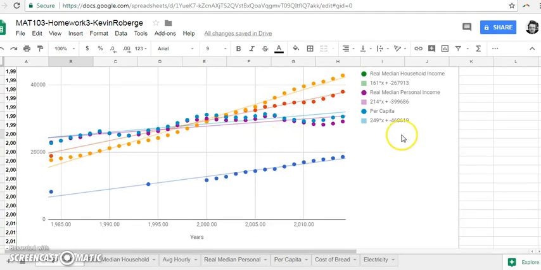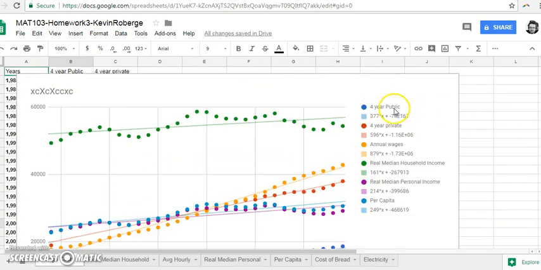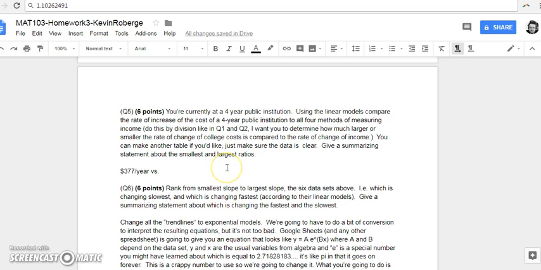What do those look like? Well, one of them, right, so we can go down here, annual wages has a slope of $879. Right, so let's get that thing written down.